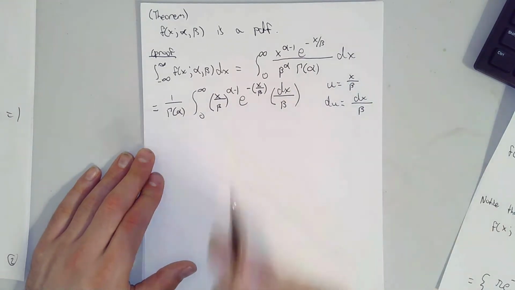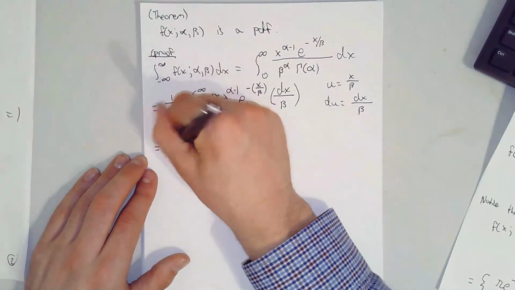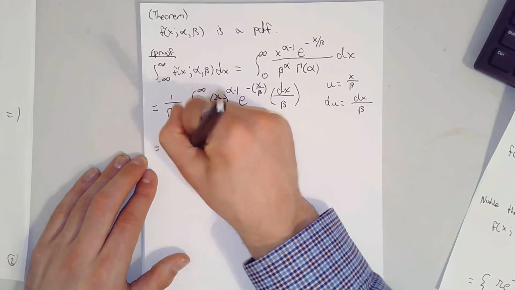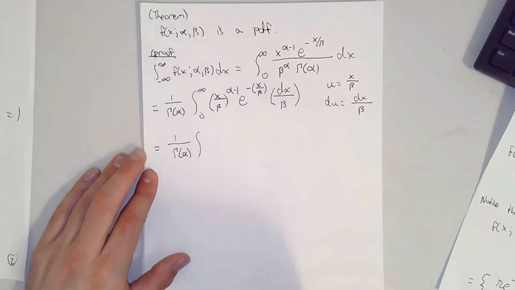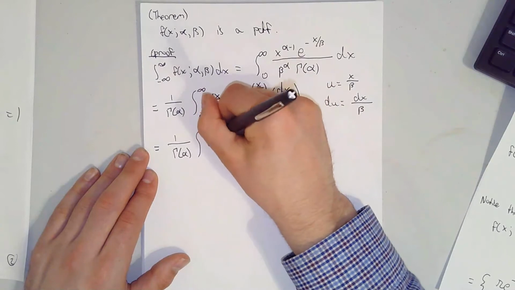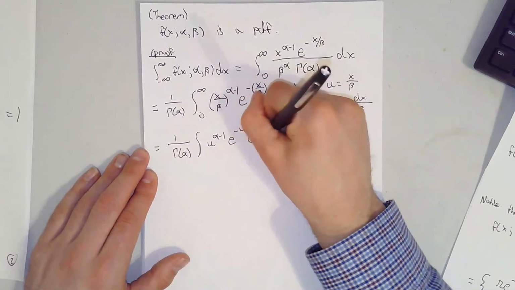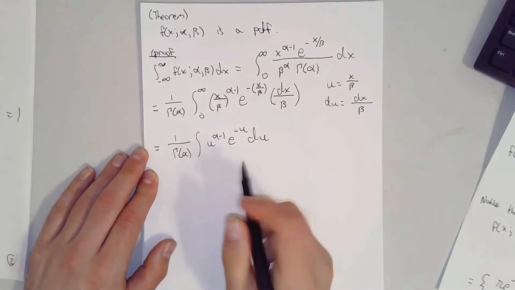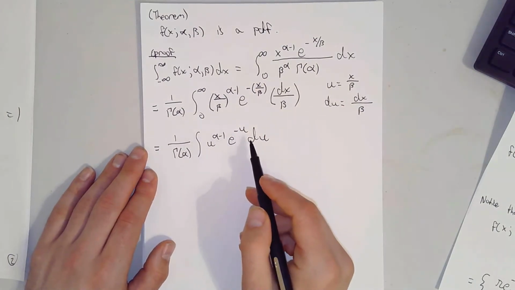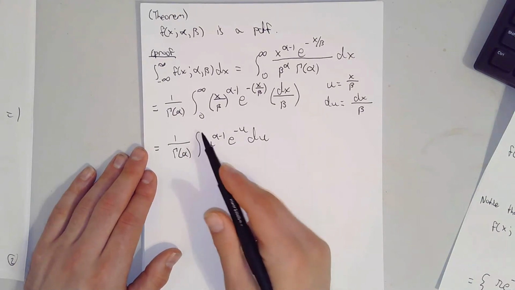Inserting these pieces into the integrand, we get, okay, this is very close to the gamma function. In fact, it is exactly the gamma function once we determine what these bounds are.